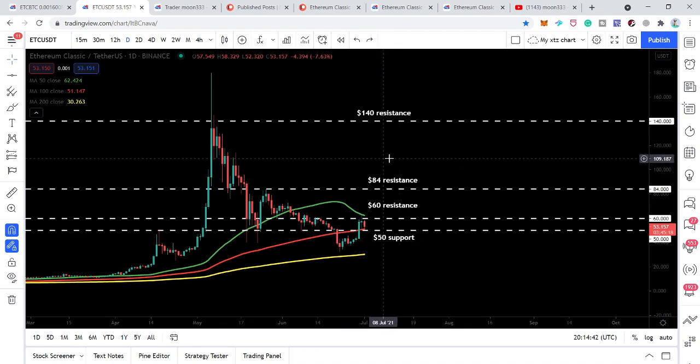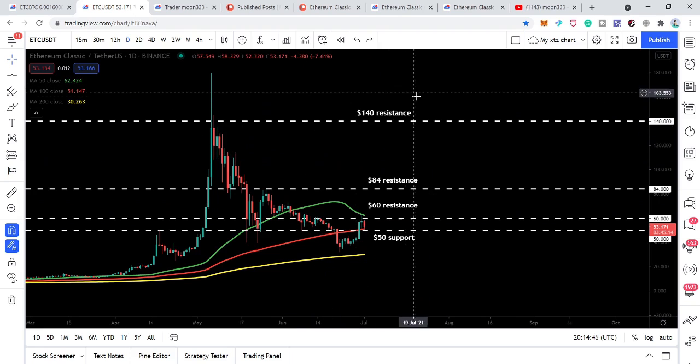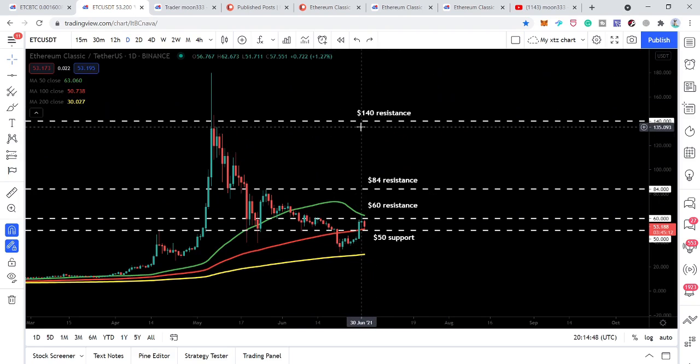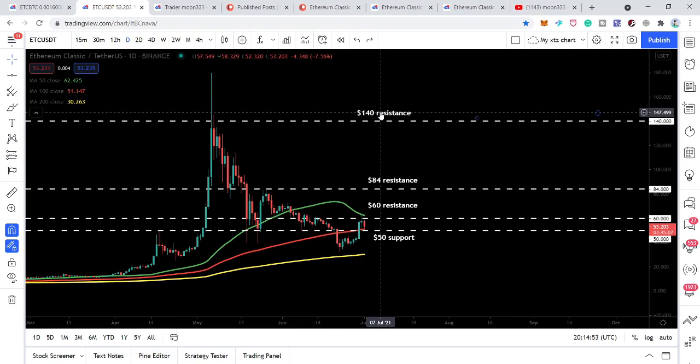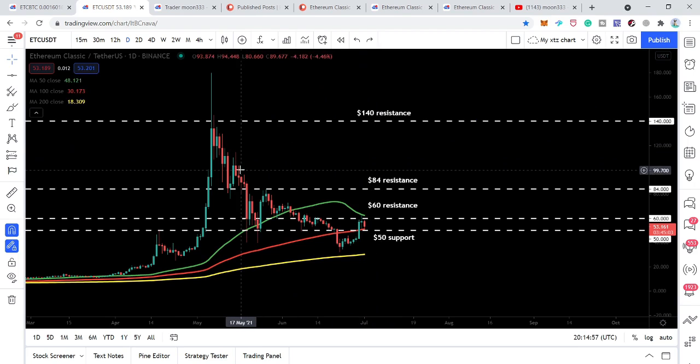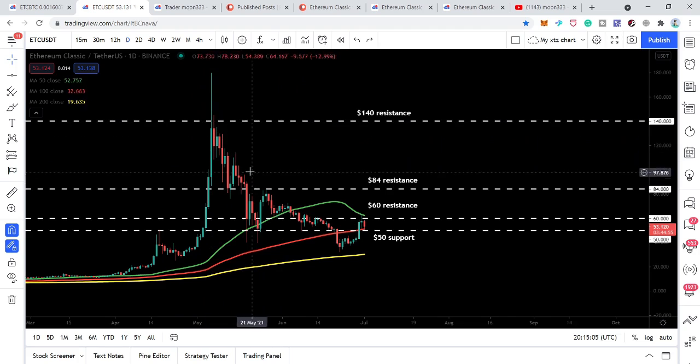Then we have the next resistance at $84, and this one, the $140, is our final resistance. And from $84 resistance to $140 resistance, we don't have any significant resistance. Like we have the minor resistance here, approximately at 100 or $105, but you can see that we don't have any significant resistance up to $140.